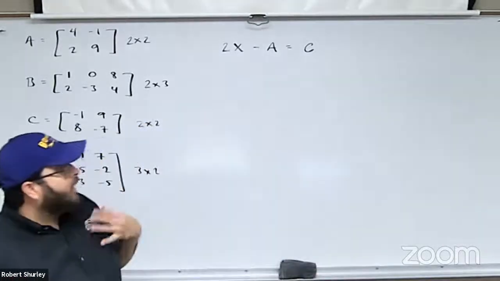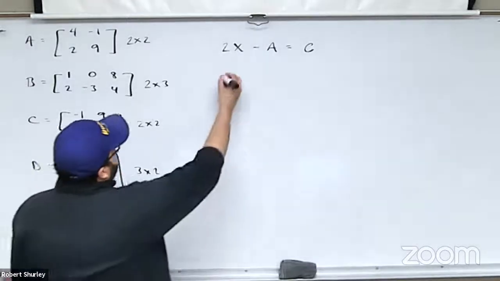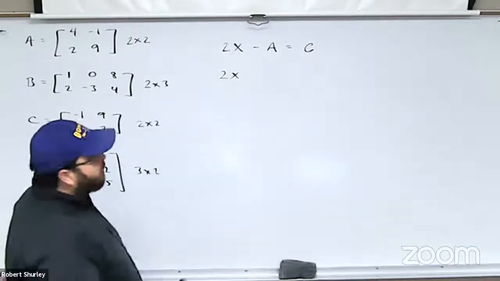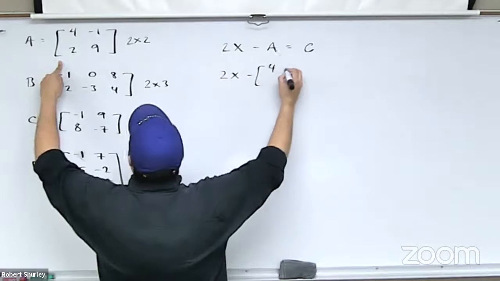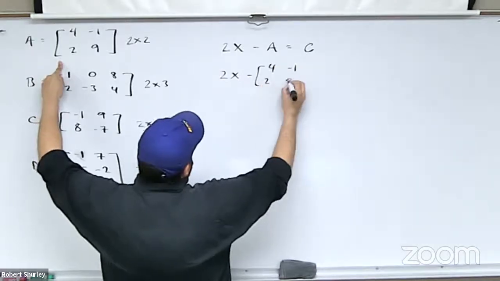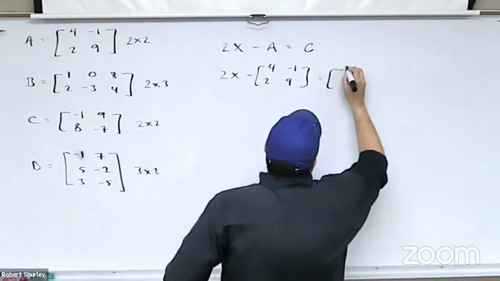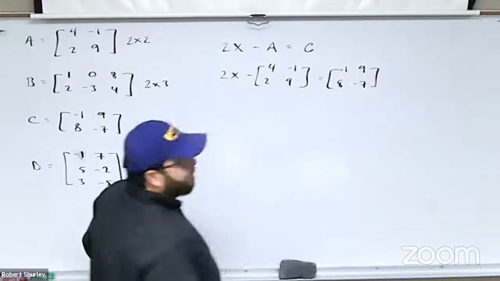Now, I like plugging A and C in right off the bat. So I'm going to say 2x minus, and A is going to be 4, -1, 2, and 9 equals C, which is -1, 9, 8, and -7, right?